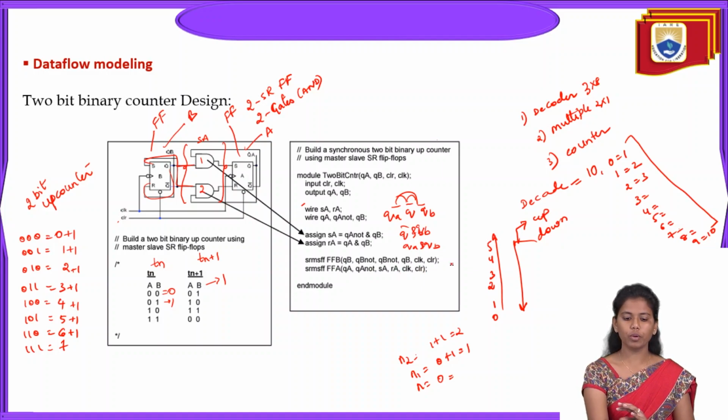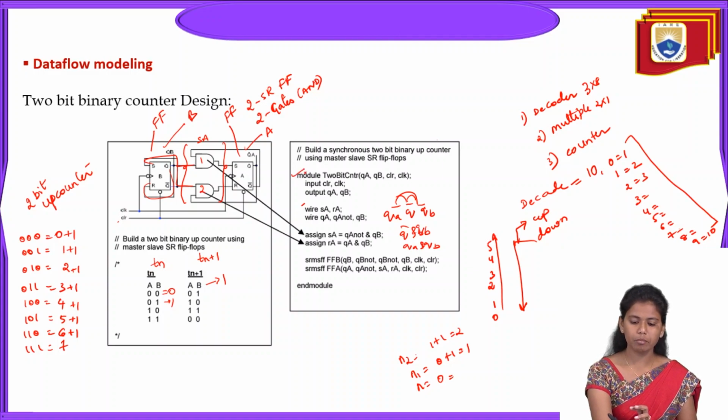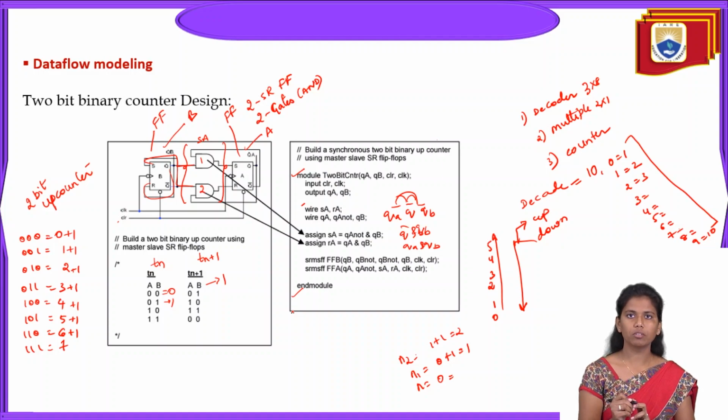And with respect to A, we have QA naught, SA, RA and clock and clear. Finally, as I started my code with module, I am ending with endmodule. This is how I can write a program with respect to different structures, different block diagrams, or different electronic devices.